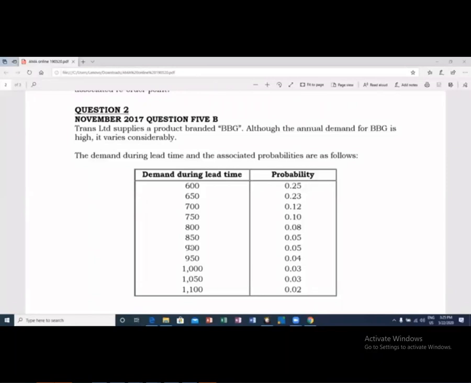Now, ladies and gentlemen, with the DDLT, what do we have there? The demand during lead time.